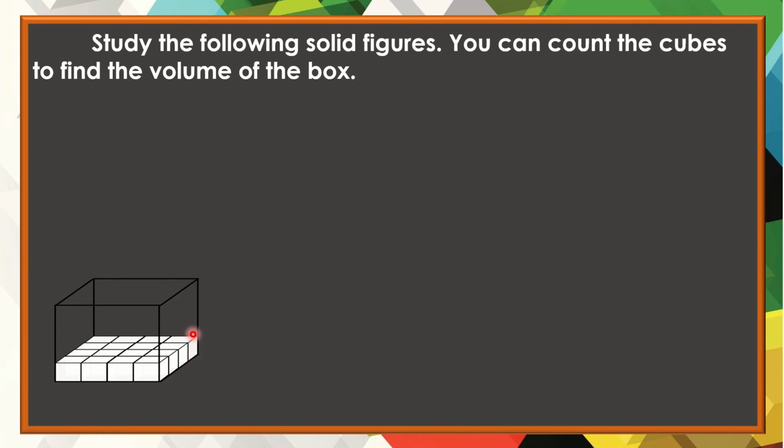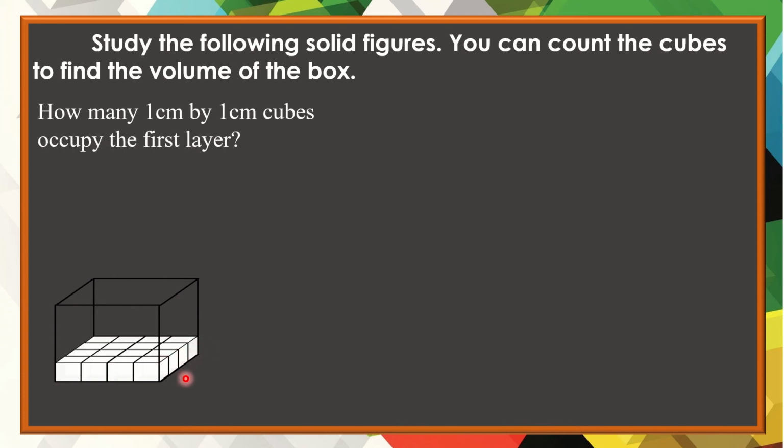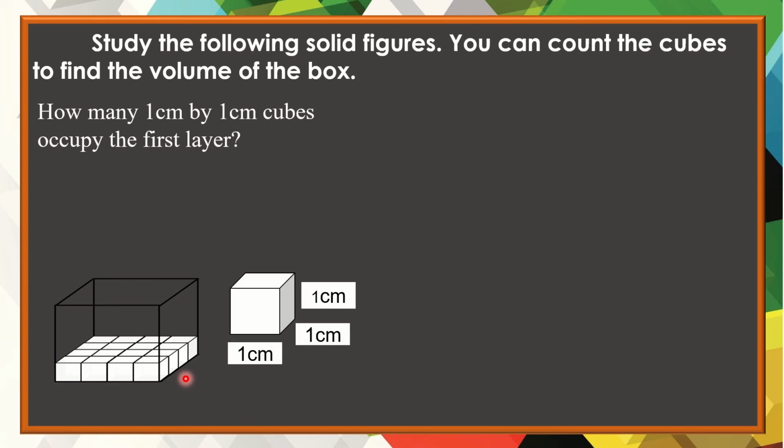So 4 times 4 times 1. That would be 16. How many 1 centimeter by 1 centimeter cubes occupy the first layer? That would be 16 cubic centimeters. Is there any vacant space left in the first layer? No. No more vacant space left in the first layer.